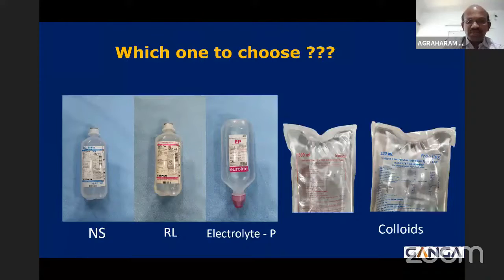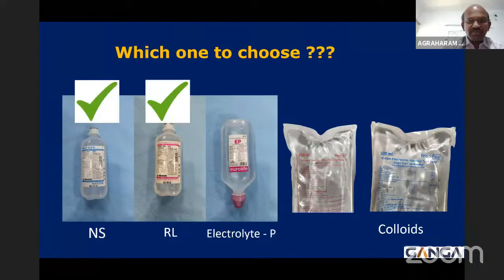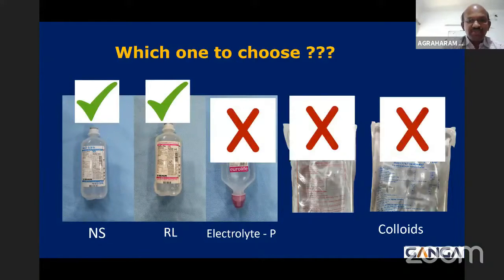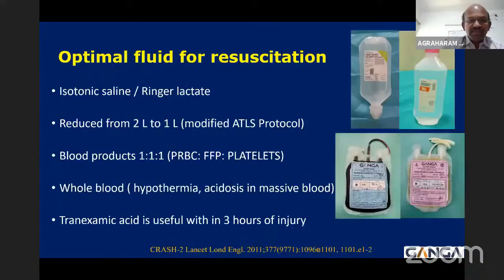Which fluid to choose is very important. Normal saline and ringer lactate are generally used and don't cause any problems. The rest of them, like electrolytes and colloids, should not be used. The optimal resuscitation fluids are either normal saline or ringer lactate.